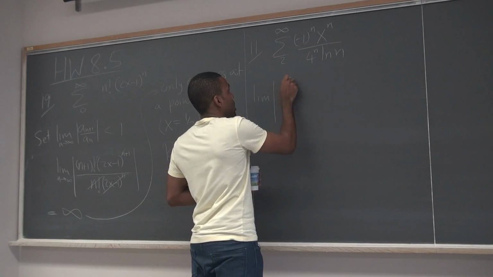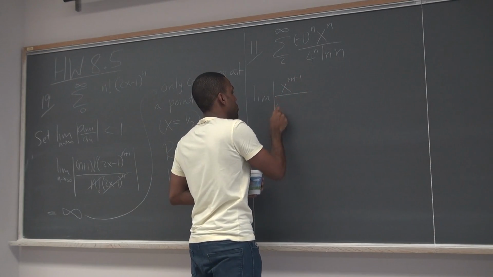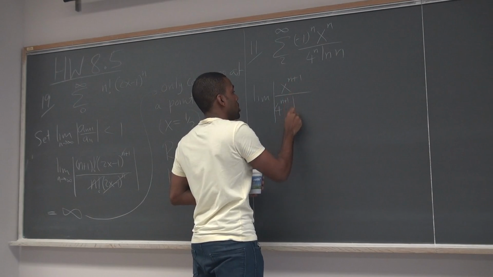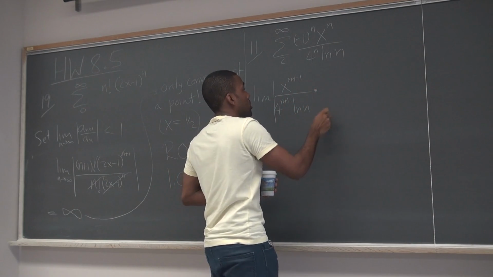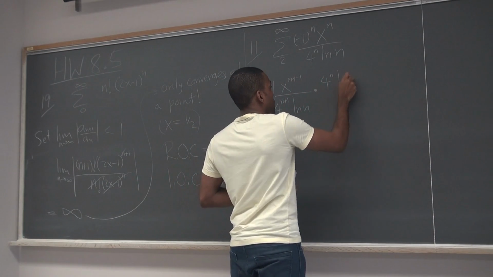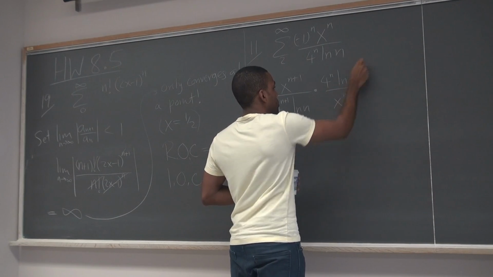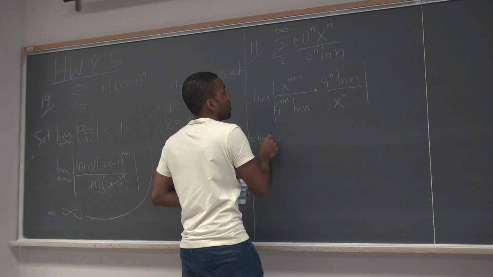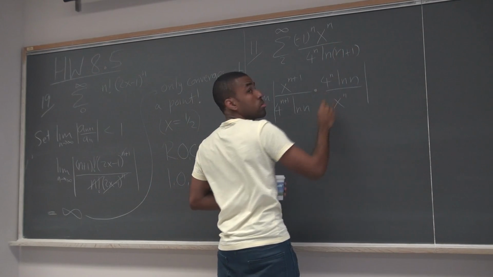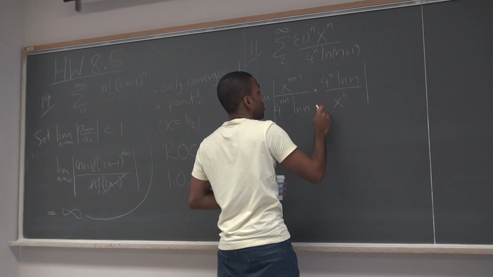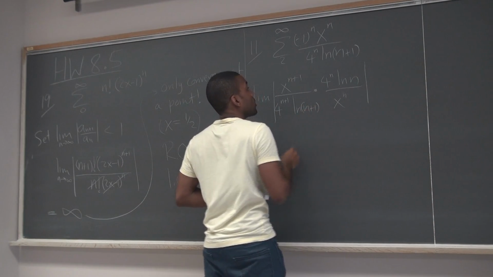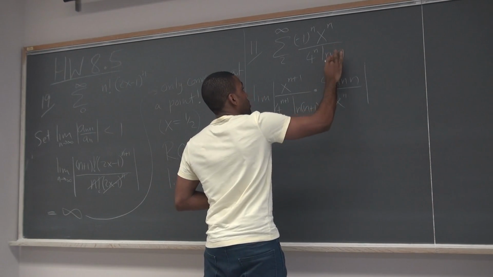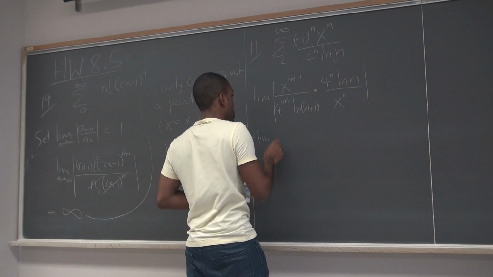So this is x to the n+1 over 4 to the n+1 ln n, times, flip this guy, in the bottom it's ln(n+1). So this is the limit.